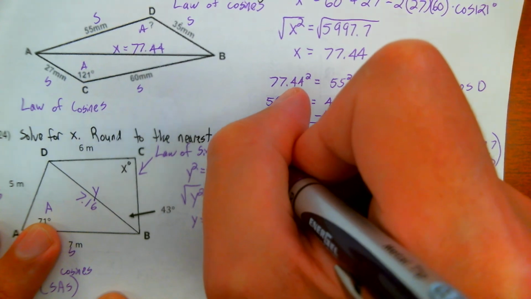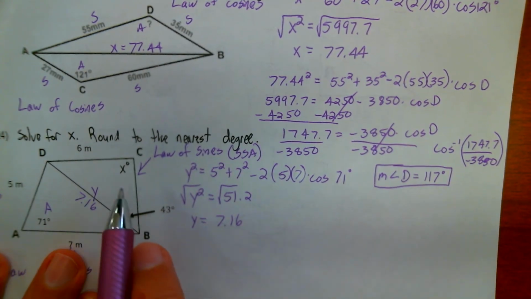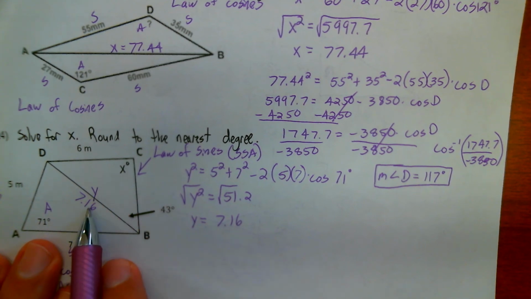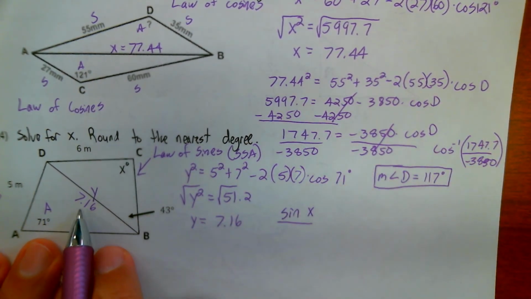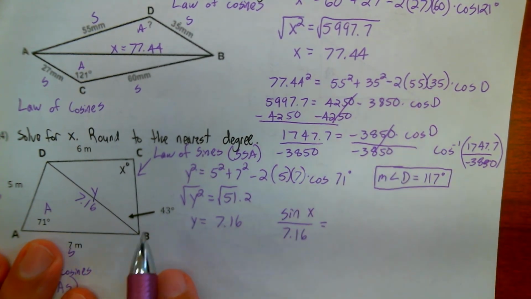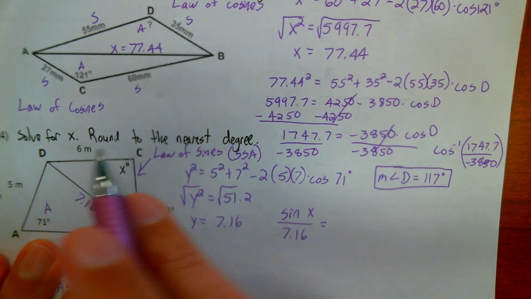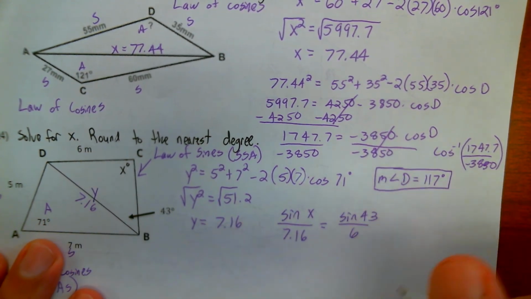I can set up a proportion to say the sine of this angle over its opposite side. So the sine of x over its opposite side, which we just calculated was 7.16, is equal to the sine of this angle over its opposite side, sine of 43 over 6.